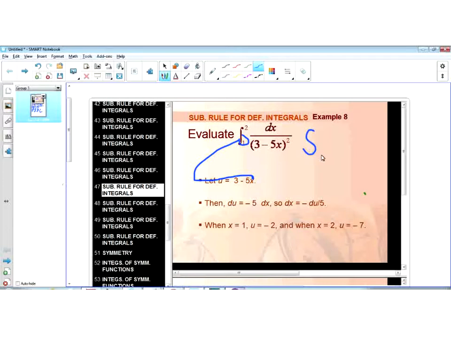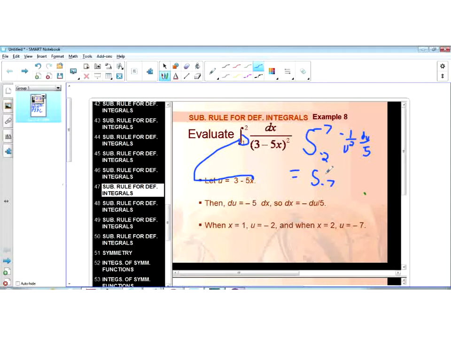So the transformed integral will go from minus 2 to minus 7 of 1 over u squared. And what is dx? dx is minus du over 5.